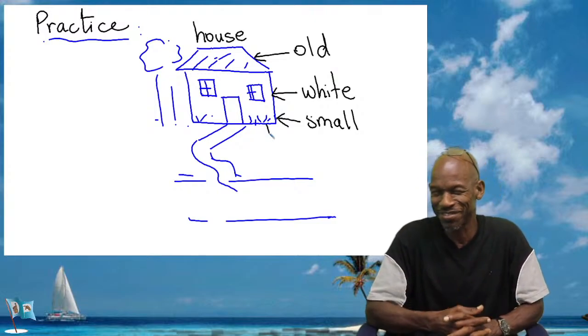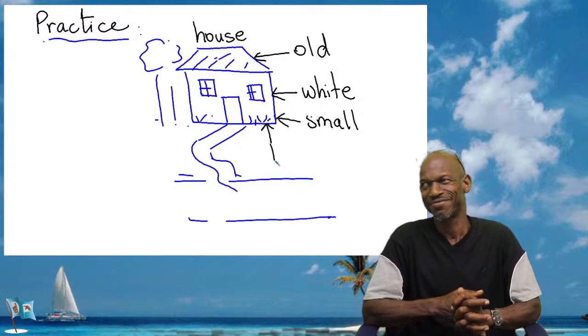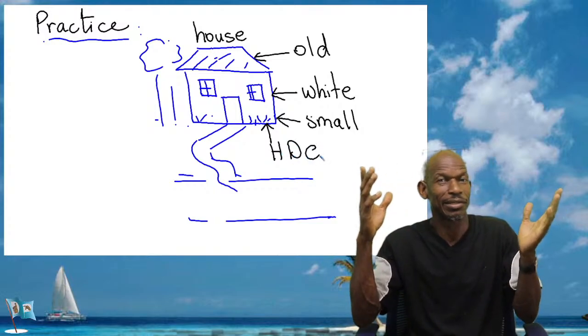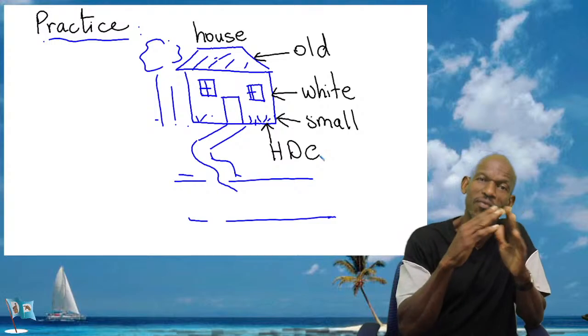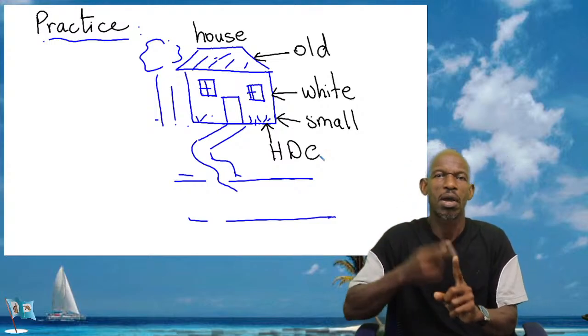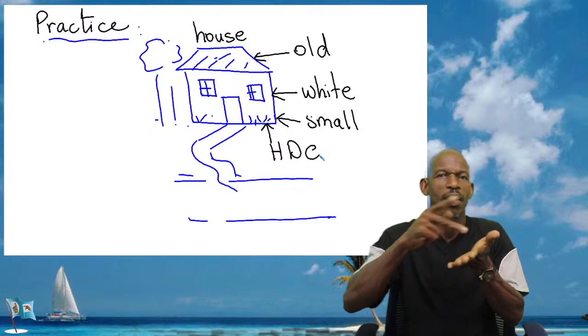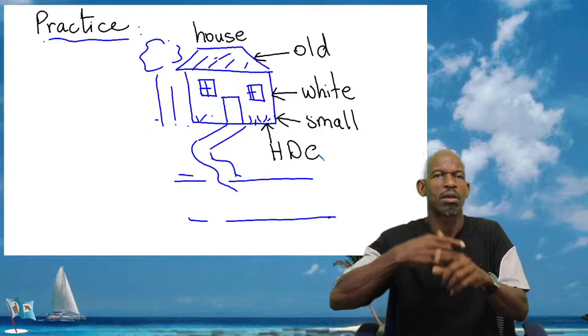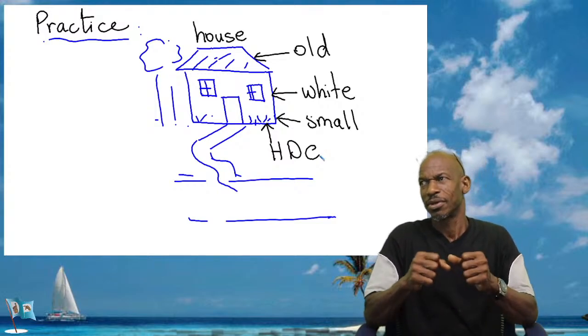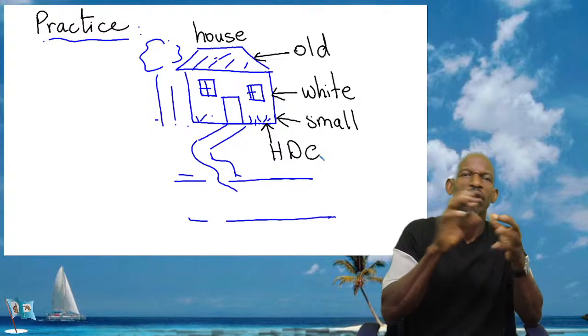So HDC is the original owner. I'm paying for this house. Every month end I'm going and paying them some money, so that at the end of a certain number of years I own this house. So I want to write sentences about this house.